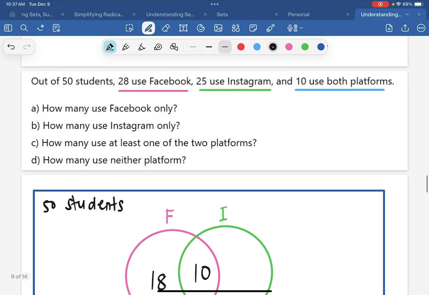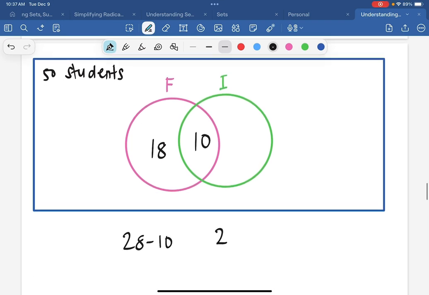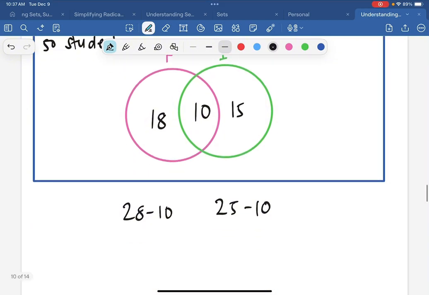And for Instagram, we could have 25, so 25 minus 10 is 15. So with this, let's try to add 18 plus 10 plus 15. Based on this, 18 plus 10 is 28 plus 15 is 43.